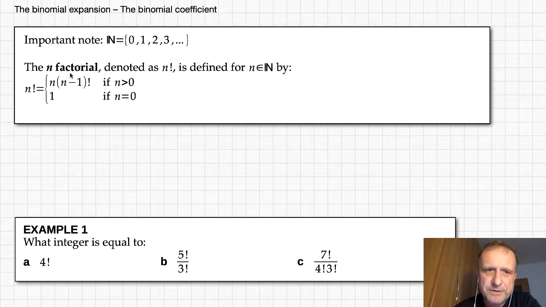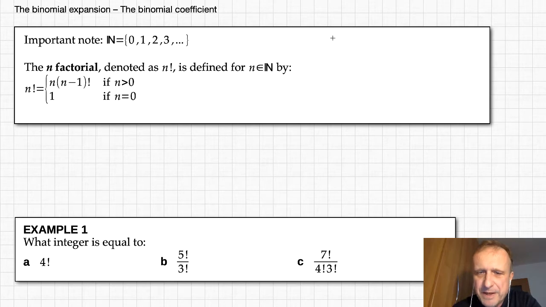N factorial, denoted as n and this mark here, exclamation mark, n factorial, is defined for numbers n from the set of all natural numbers by the following definition. Okay, so before I start with the definition, let me give you an example of what it means. So what can the n factorial be?